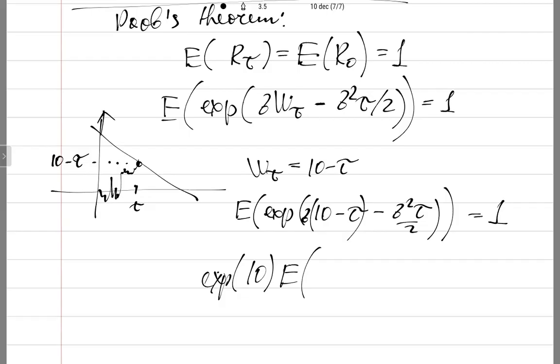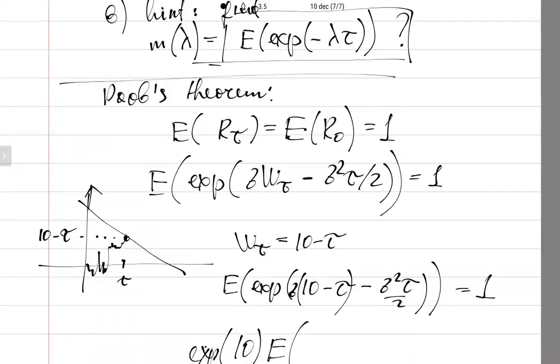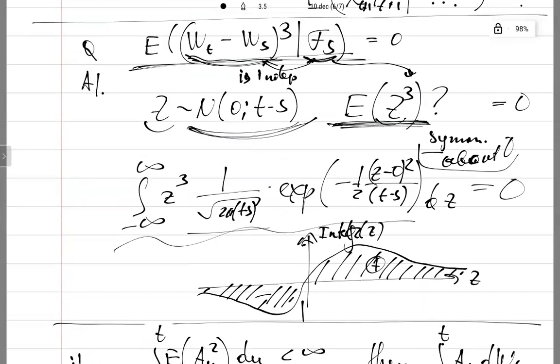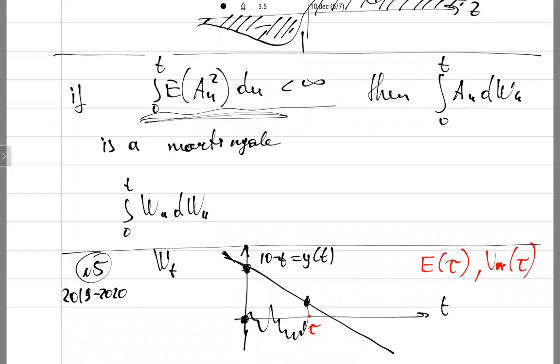No, the problem says, you can open the problem. It's number 5 from last year. They are available. W_t is the Wiener process.